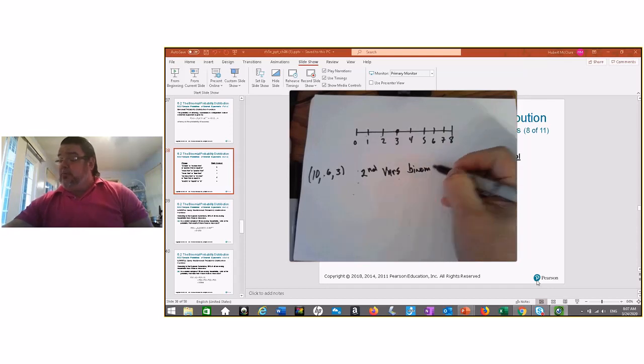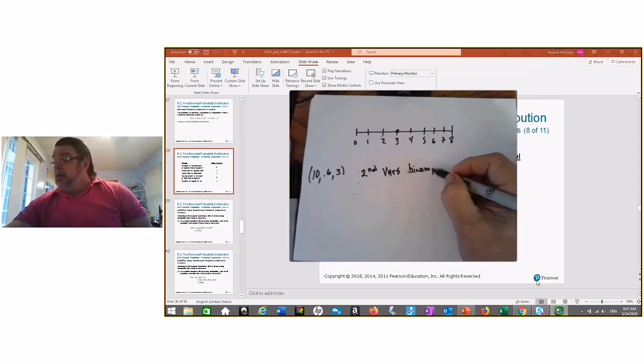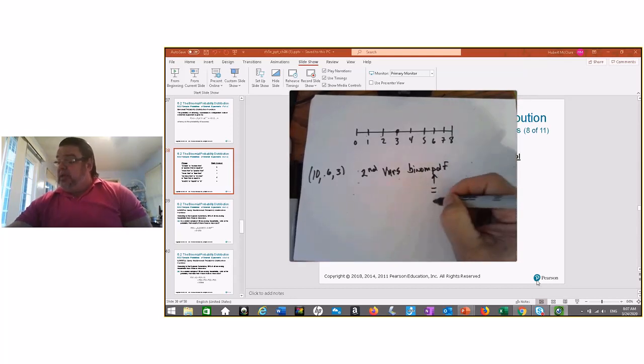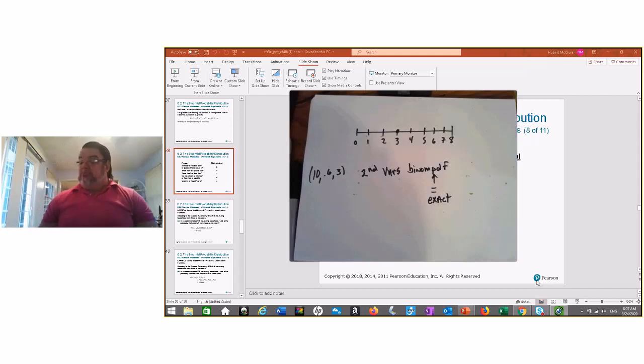Check my notes. And the PDF, the P stands for exact. So if you want exactly a number, then you use the binomial PDF and you type in NPX.